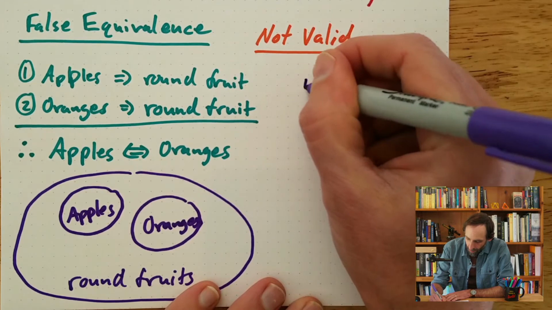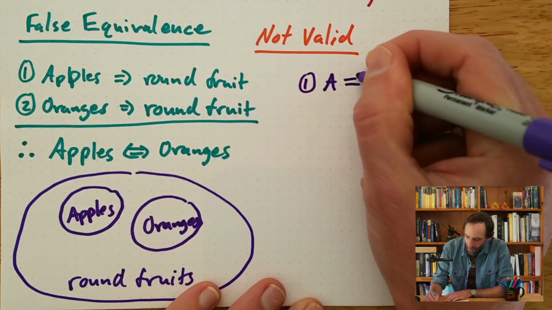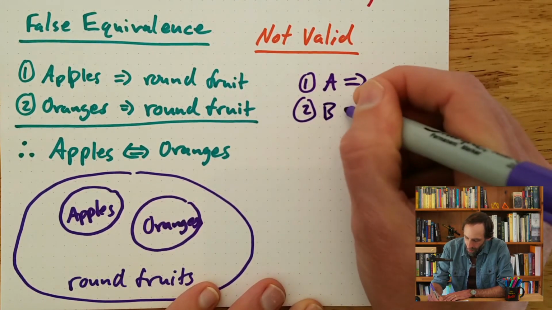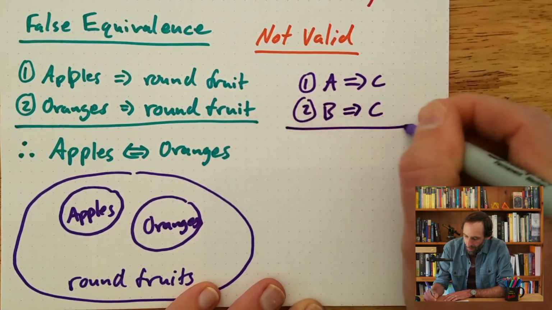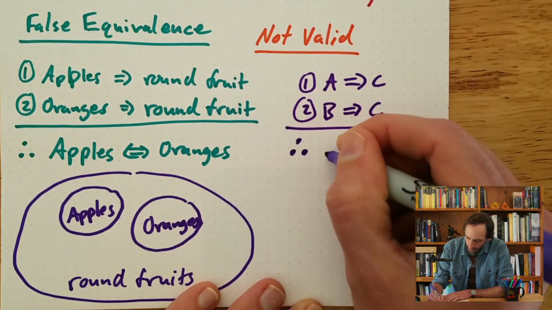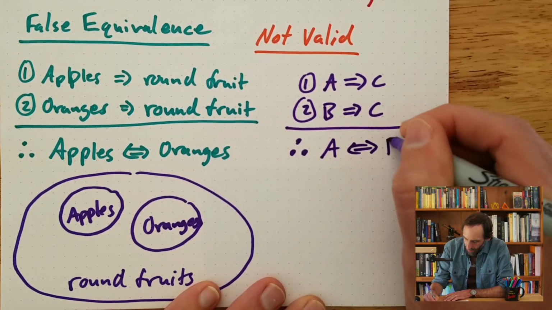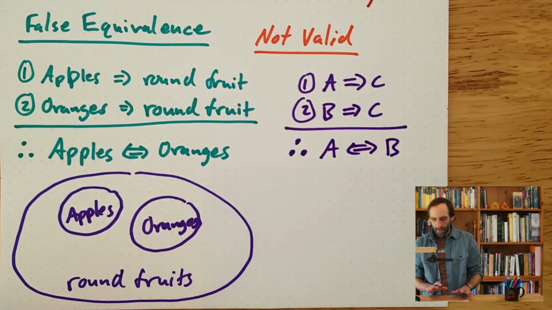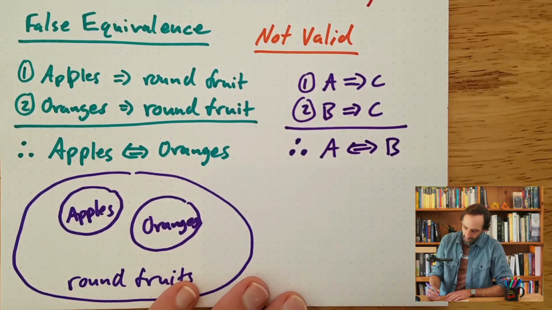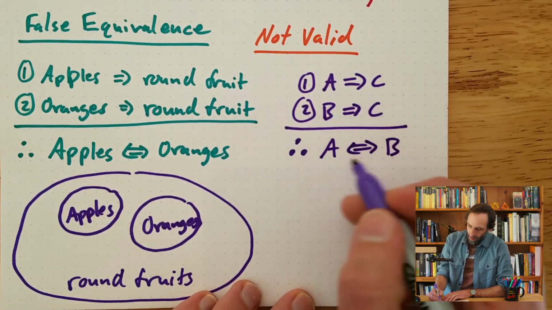So premise 1 would be something like A implies C. Premise 2, B implies C. And from that, we conclude that A is equivalent to B. So yeah, as I said already, not valid. This doesn't work, okay?